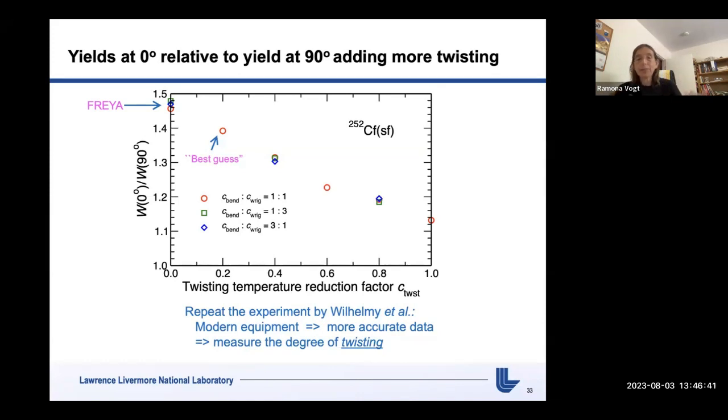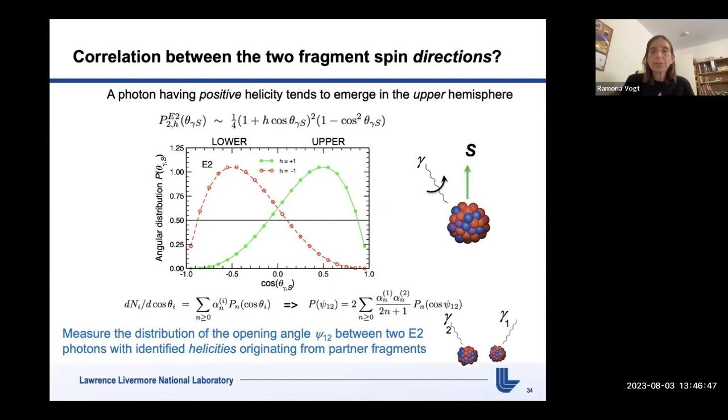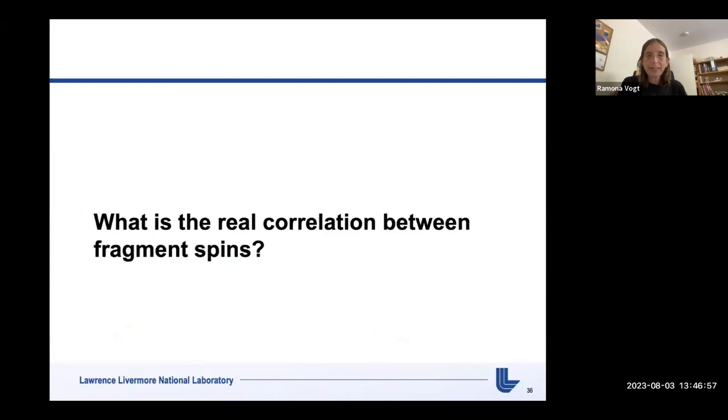And then you could try to measure the degree of twisting in fission. And you can also look at the correlation between the two fragment spin directions in terms of their helicities.